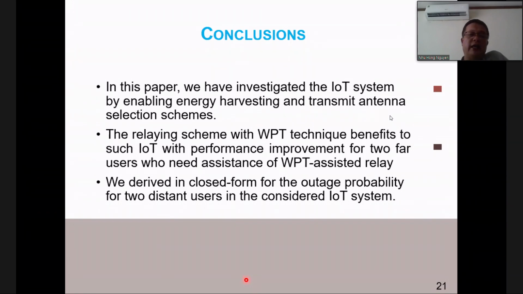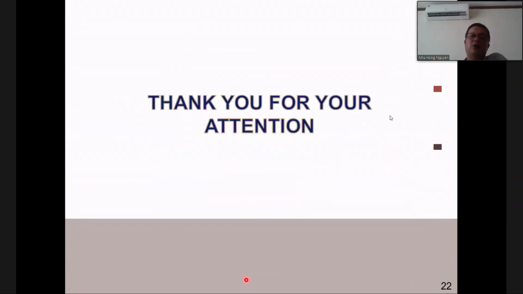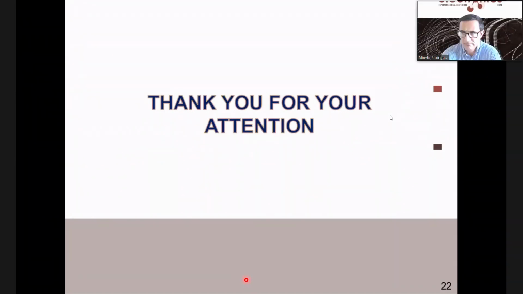We derive implicit form for the outage probability for two distant users in the considered IoT system. Thank you for your attention.